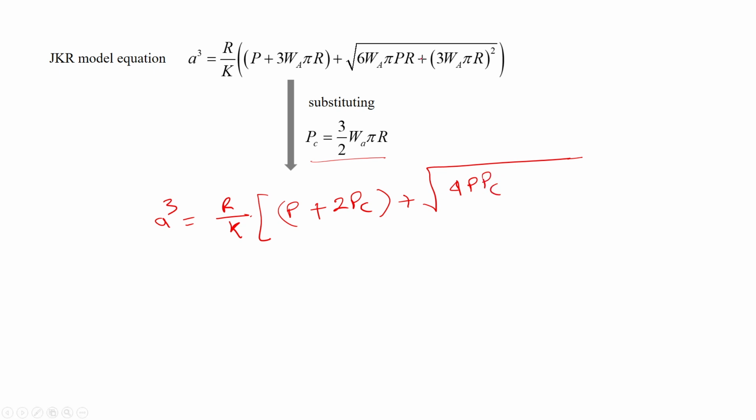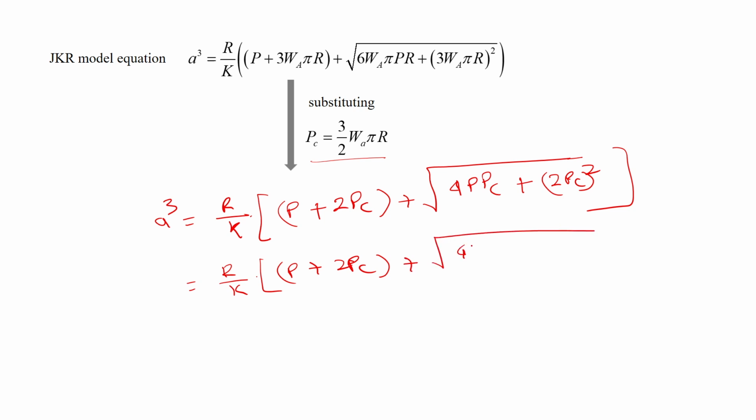So, 2 Pc into P over here, so it is 4 P Pc, that is fine, plus 2 Pc whole square. So, this is equal to R by K and this is P plus 2 Pc, plus this comes out to be 4 Pc into P plus 4 Pc square.